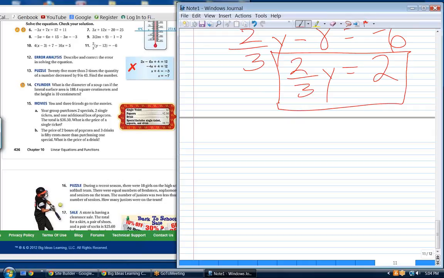So I'm going to suggest to you that you always do this in 2 steps. What would the first step be? Multiply by 3. Okay. What's the next line? 2y equals 6. Now what? Oh, okay, I see where I went wrong. So yeah.